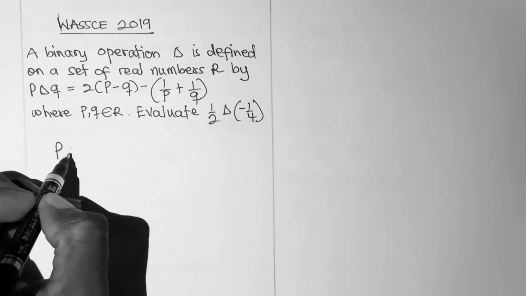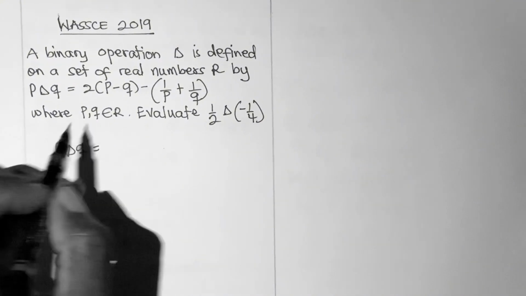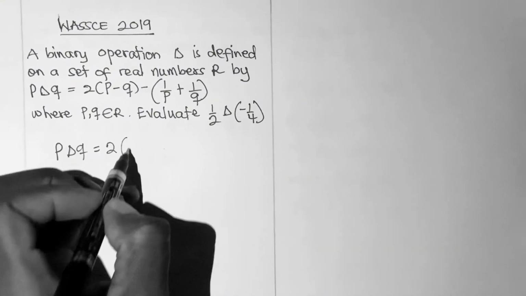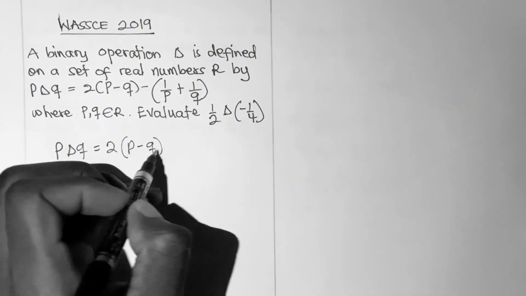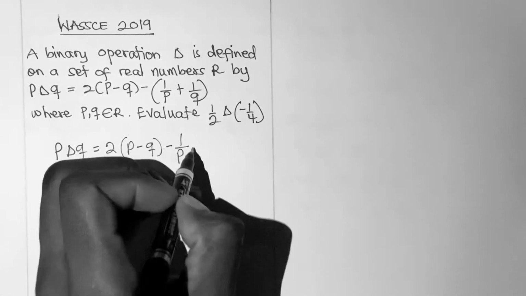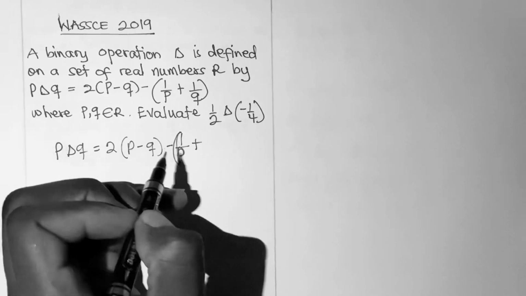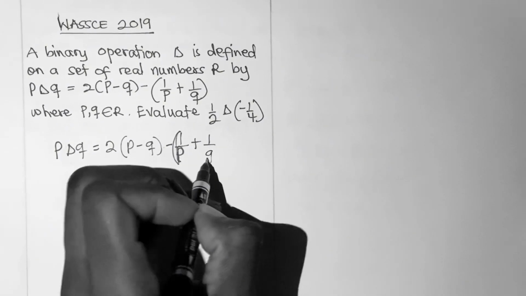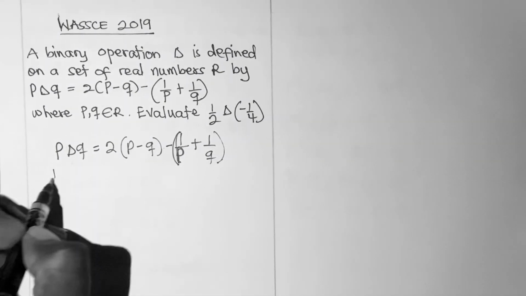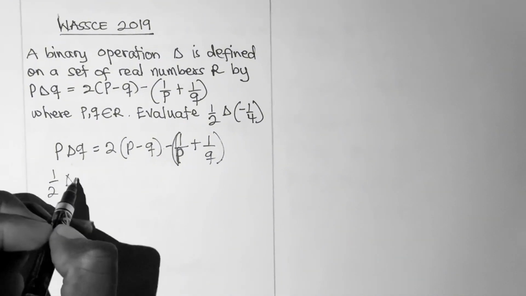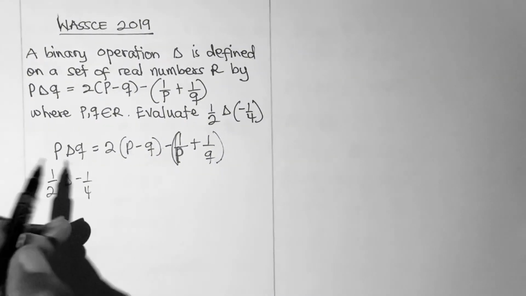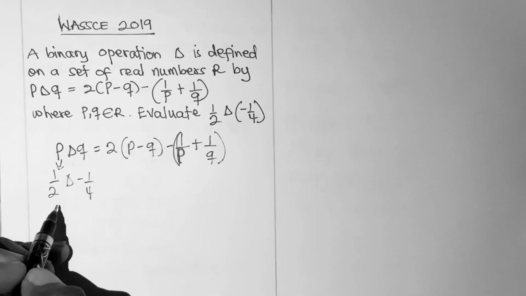So P operation Q equals 2 times P minus Q minus 1 over P plus 1 over Q. So 1 over 2 operation minus 1 over 4. It means that wherever we see P, put 1 over 2.